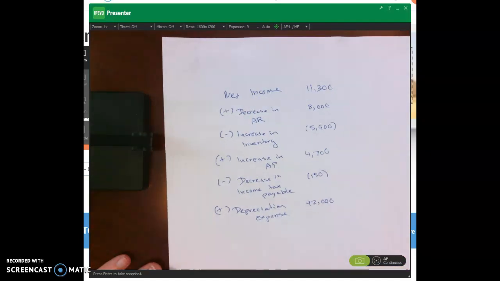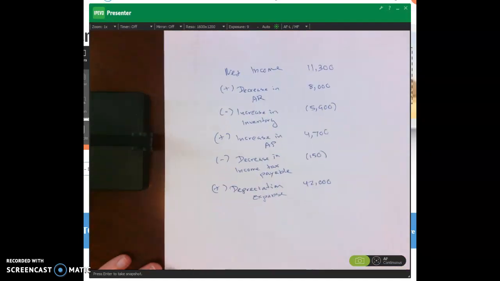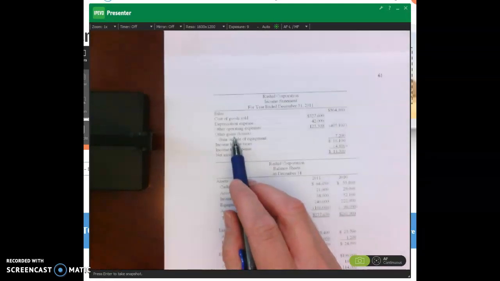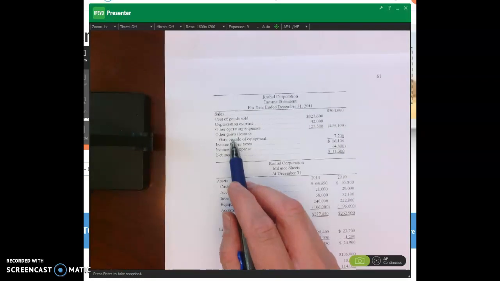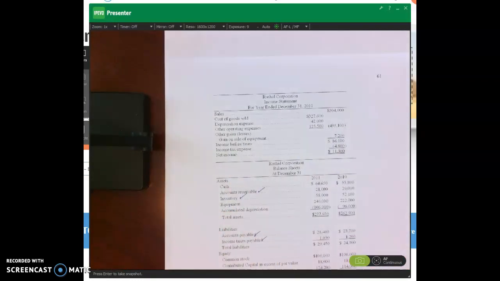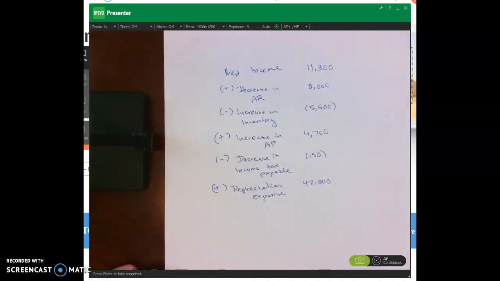That's step 3. Step 4 for the indirect method is to subtract out any non-operating gains and add back any non-operating losses. We find that right here, other gains and losses. There are no losses, but we do have this gain of $7,200, and we subtract that out.